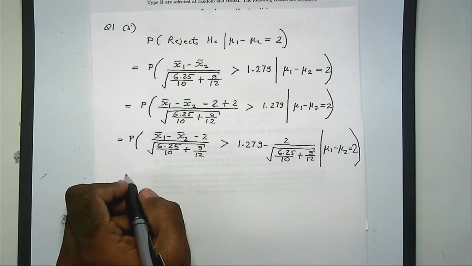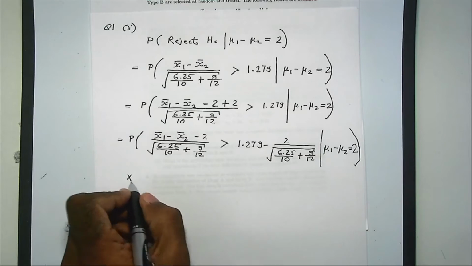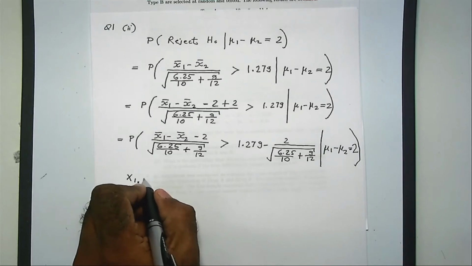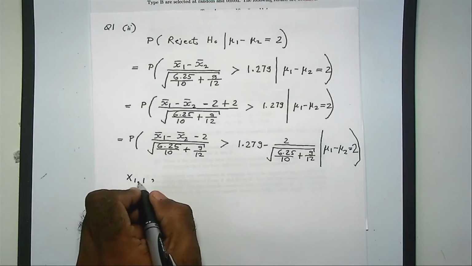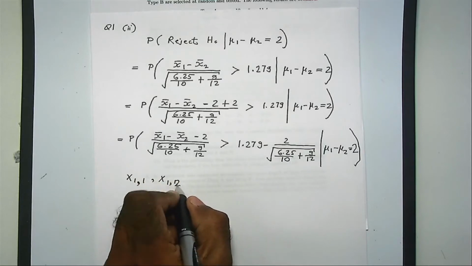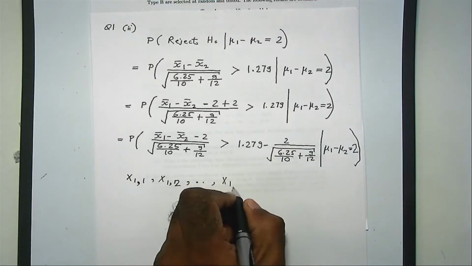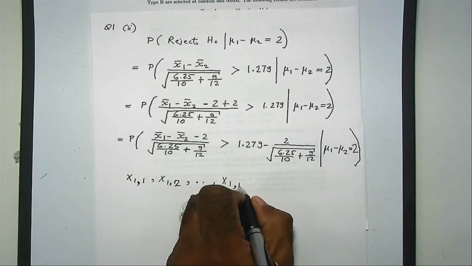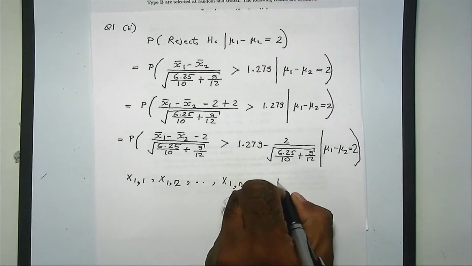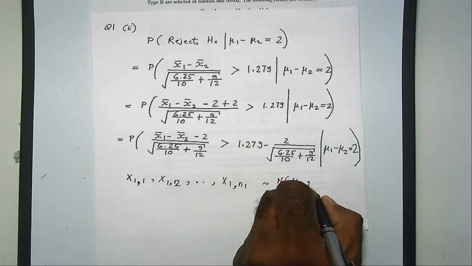Suppose you have two independent samples, x11, x12, up to x1 n1. This comes from a normal population with, say, parameters mu1 and sigma 1 squared.